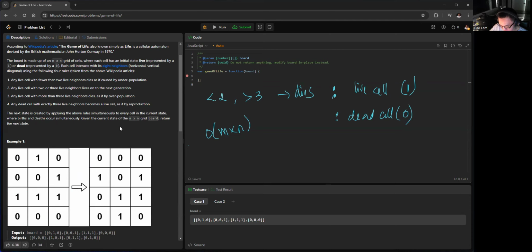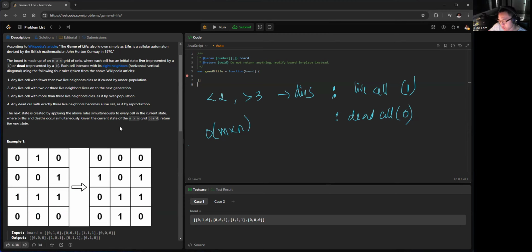For example, if we iterate to this cell, we know this cell becomes 1. So when we look at the last cell, the last cell is supposed to have 2 live neighbors, but now it has 3 live neighbors because we added it in place. So now this also becomes a 1 because it has exactly 3 neighbors, which doesn't match what we have here. So that is one example.